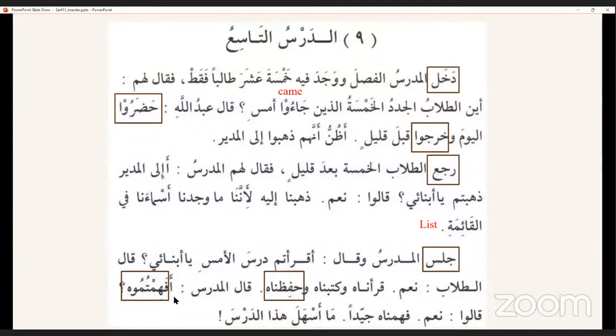What is the Hua version of this? Fahima. Good. Okay. So how many words are we going to see today in the dictionary? Dakhala, hadara, kharaja, raja'a, jalasa, hafiza, and fahima.